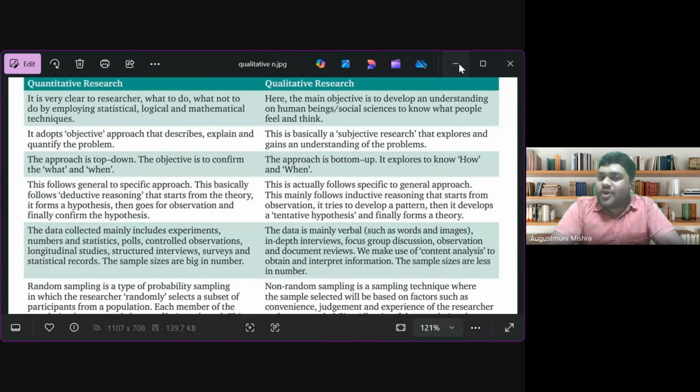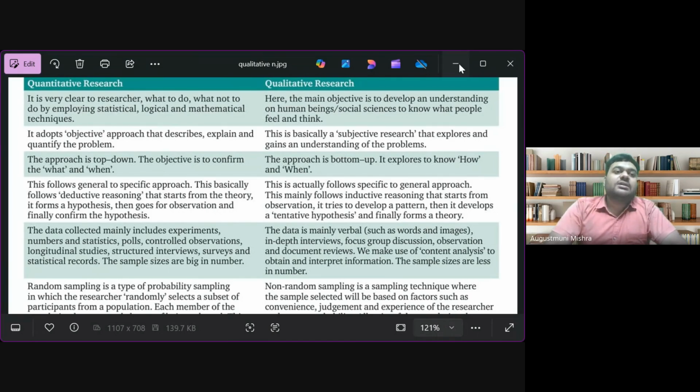In this top to down approach, they are talking about what and when. Keep in mind that in quantitative research, they are talking about what and when. But in the case of qualitative research, they are talking about how and why, and the approach is bottom to up, meaning the inductive approach.